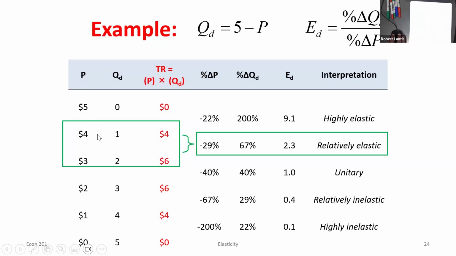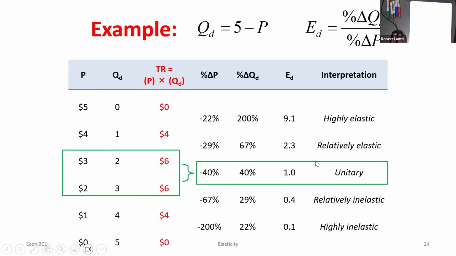They went up by $4. When it's a little bit less elastic, but still elastic, when I lower the price by $1, total revenues are still going up, but only by $2. If I continue, I'll notice at that unit elastic point, if I change the price, my total revenues actually don't change at all.